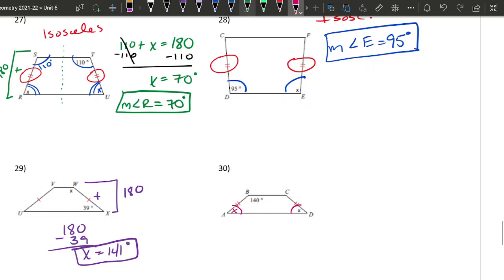And then B plus A is going to give me 180 degrees. So 180 minus 140 gives me 40. So x is 40, and that's what I'm asked for.